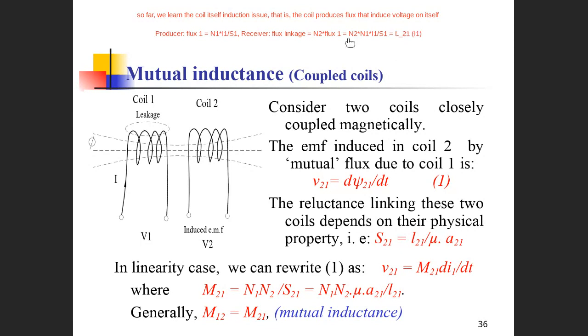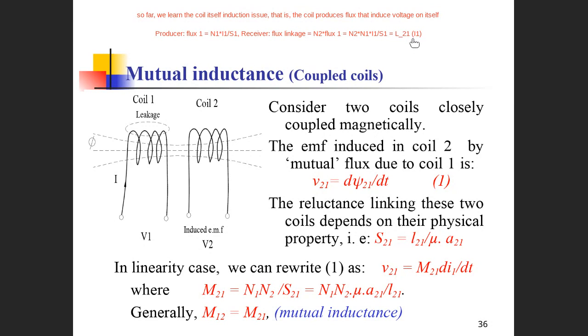Look at here. If we have two coils, coil 1 produces flux coming into coil 2 that induces voltage on coil 2. So which can be written as N1 N2 I1 over S1. Similar to the self-inductance, we can define a mutual inductance L21.